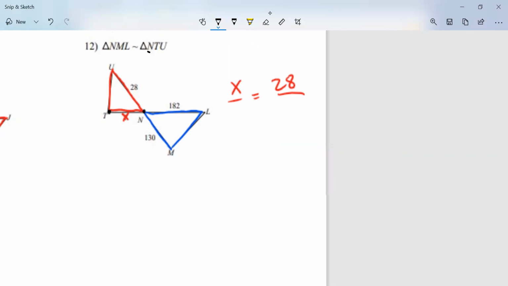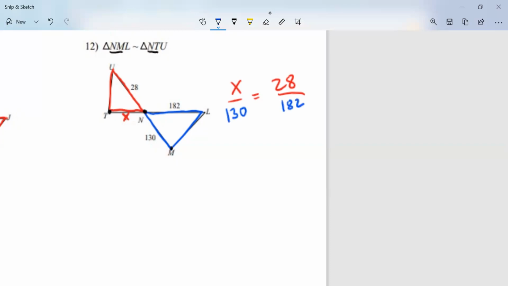This happens to be the first two letters of the second triangle, right? TN, NT is the same thing. The first two letters of the second triangle, so NT goes with NM. I see where N is, and I see M. So I'm going to say x goes with 130, and 28 goes with 182.